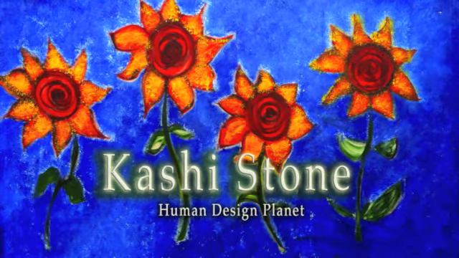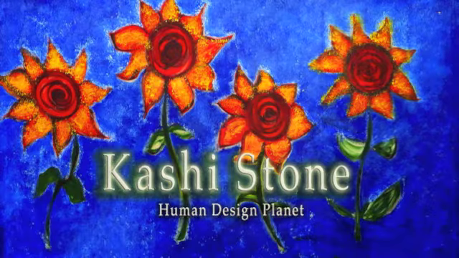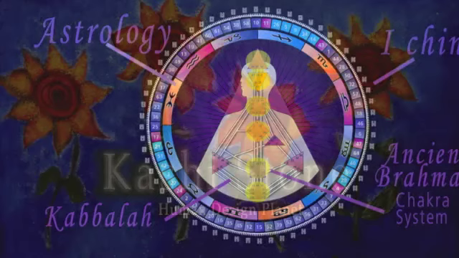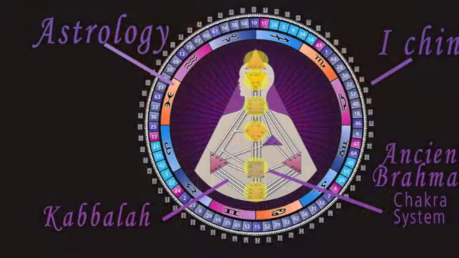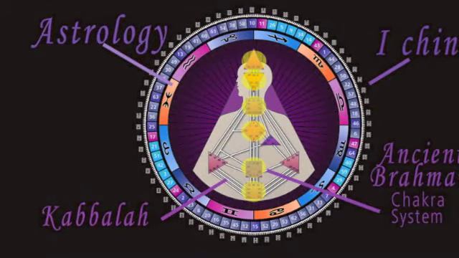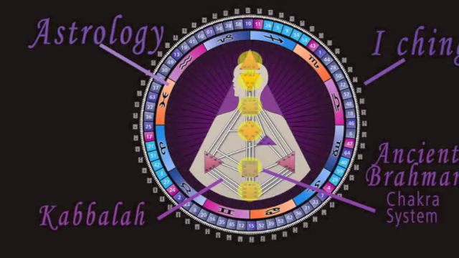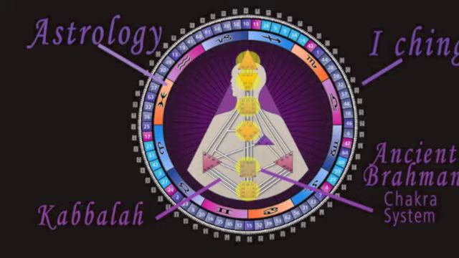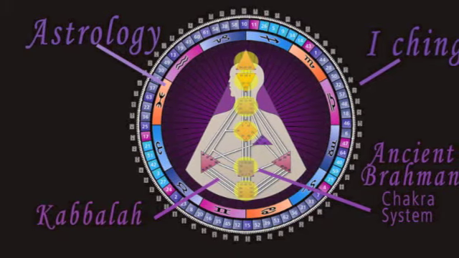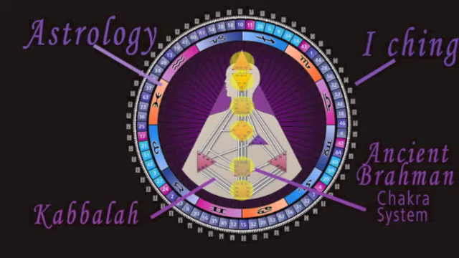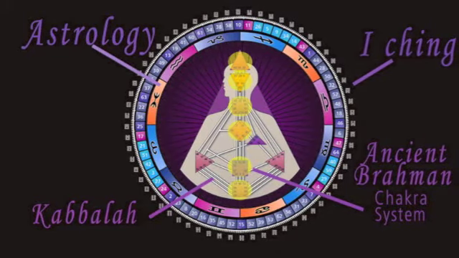Human design is a synthesis of ancient teachings merged with modern science. And I like to use it as a holistic, comprehensive tool for seeing who a person is. It uses astrology, the Kabbalah system, the I Ching, and the ancient Brahmin system, with genetics.